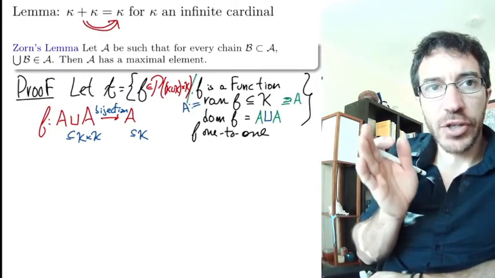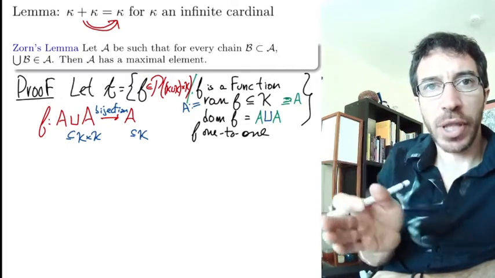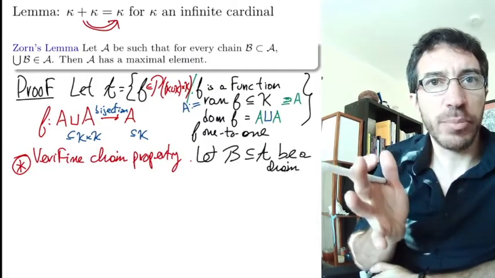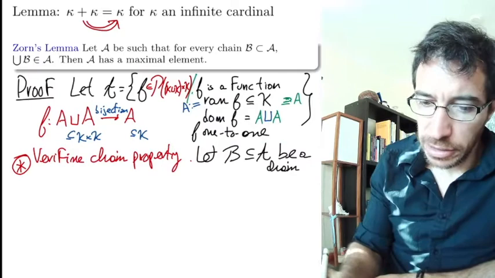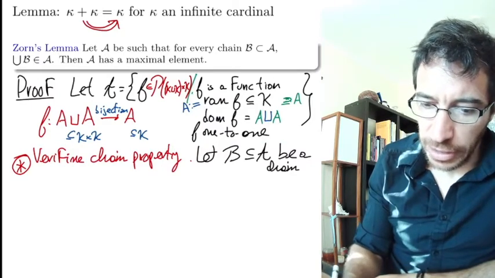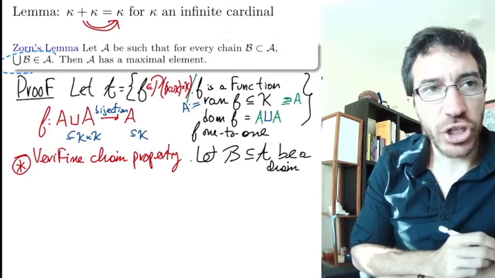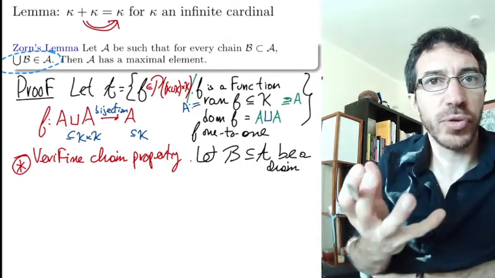First step is to show that it satisfies the hypothesis of Zorn's lemma. That means you have to verify the chain property: for every chain B, which is a subset of A, the union of the chain belongs to the collection.